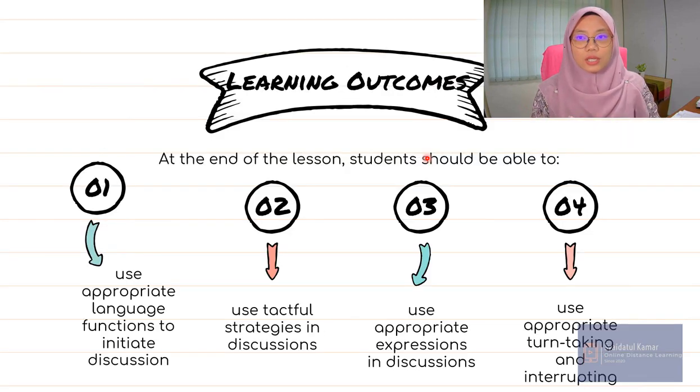So in discussion, the things you are going to learn are, first, to use appropriate language functions to initiate discussion. Number 2, to use tactful strategies in discussion. Number 3, to use appropriate expressions in discussion. And number 4 is to use appropriate turn taking and how to interrupt appropriately.